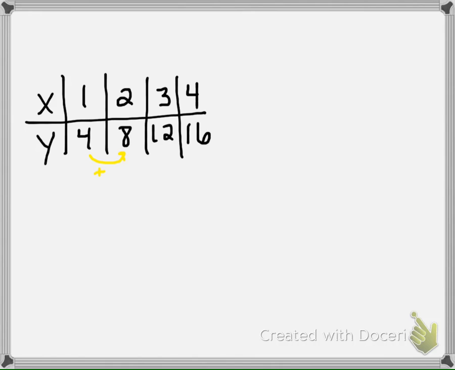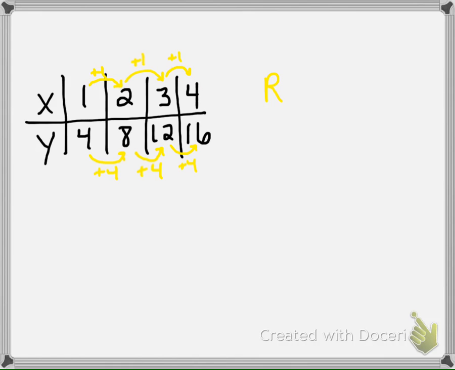So now, the first thing I'm going to check is my rate of change. So I'm going from Y to Y is plus 4. From X to X is plus 1. And I notice that as I move through each one, it's always plus 4 for the Y's and always plus 1 for the X's.